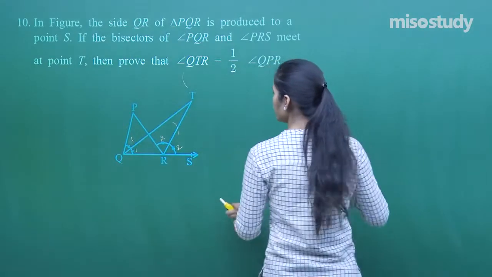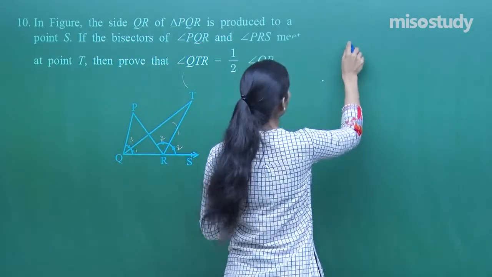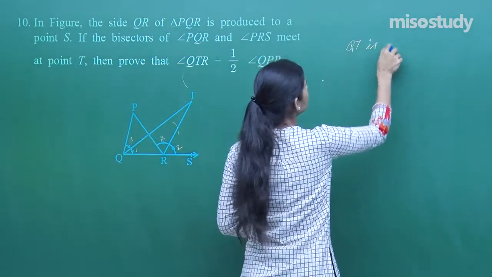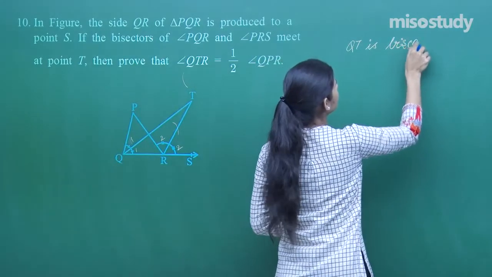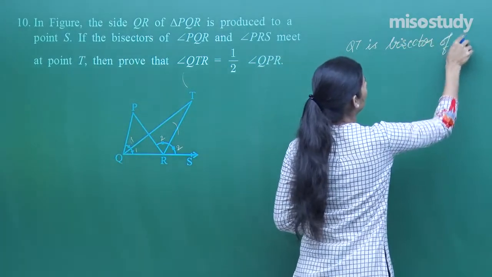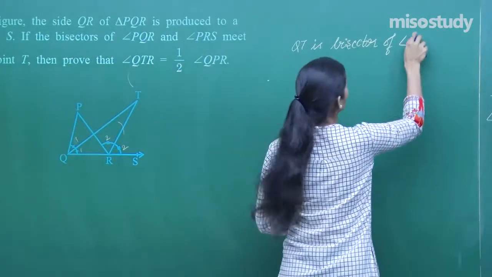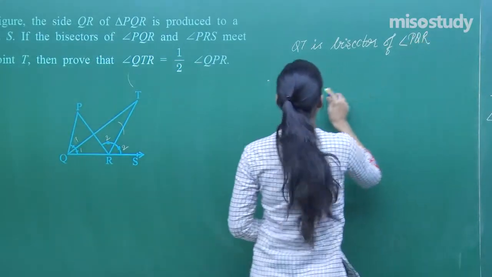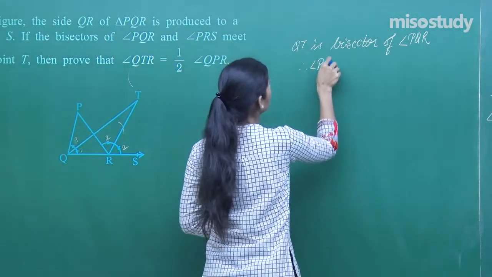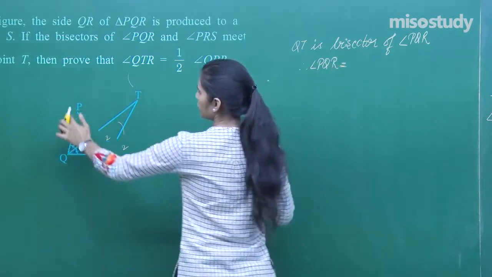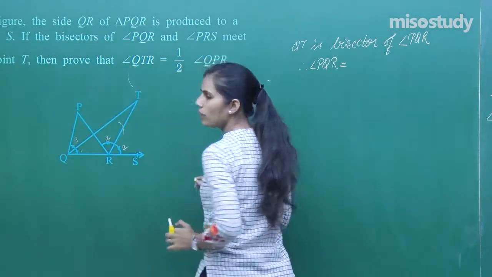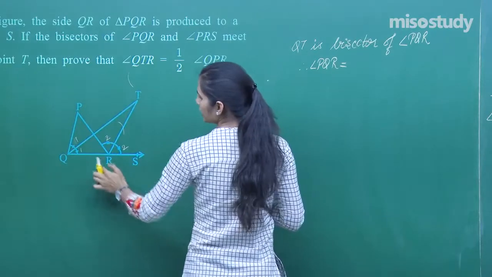Okay? So QT is bisector of angle PQR, and therefore angle PQR, which is equal to PQT plus TQR, can be written as what?